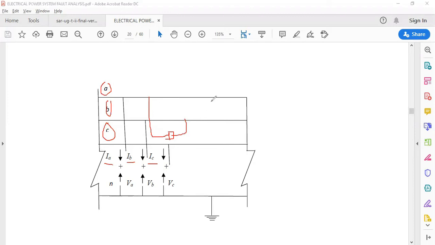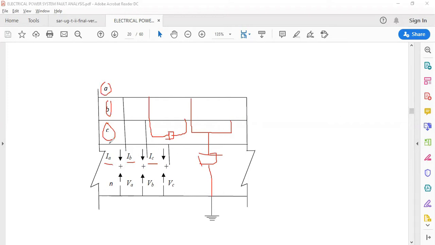When we have a double line to ground fault, we will have a connection between two phases and with the neutral through the fault impedance. Likewise, we will have different circuits for the analysis.